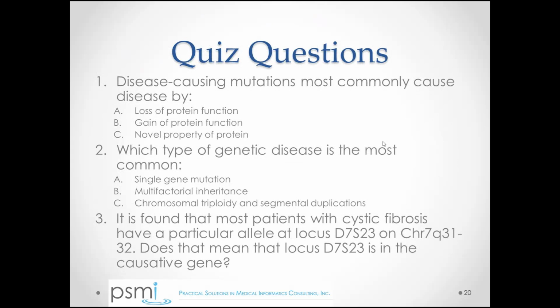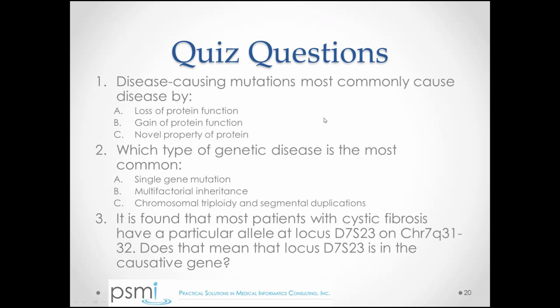So, disease-causing mutations most commonly cause disease by A, B, or C. You guys still out there? Is it a loss of protein function? Loss of protein function. Yep, that's right.